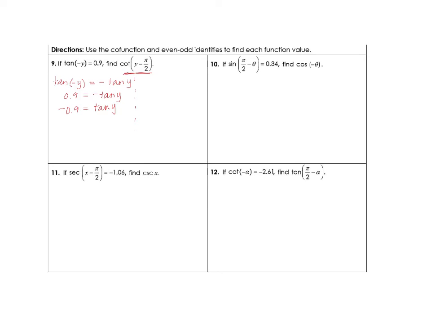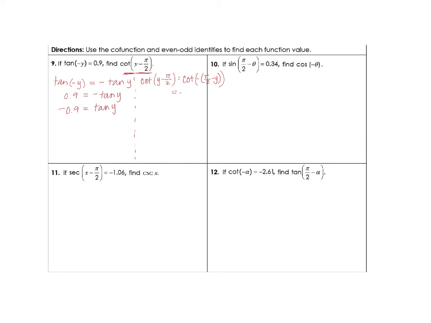So let's go over here to the other side and notice that we have cotangent of y minus pi over 2. Well, that's a little bit backwards. We know that that is going to be, if we take out our negative, cotangent of negative pi over 2 minus y. And then we know that negative would need to come out.